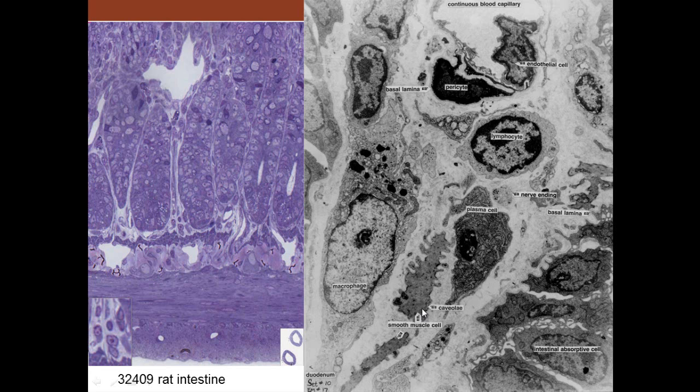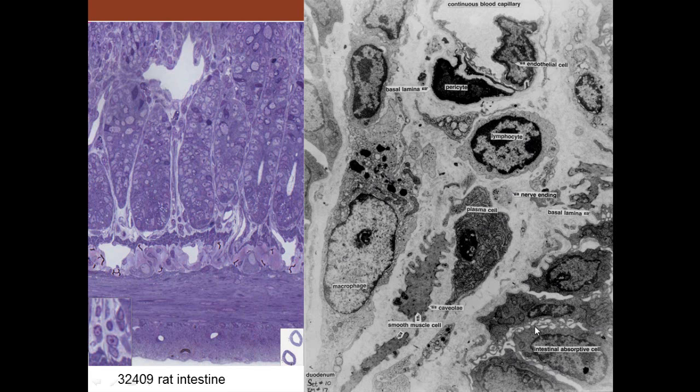So here we see a smooth muscle cell. This is a single cell. You can see the apical caveolae, characteristic of a smooth muscle cell. There's part of a plasma cell with rough endoplasmic reticulum shining through there, a lymphocyte, and this macrophage with various stages of degradation. These are at the bottom of the intestinal absorptive cells.